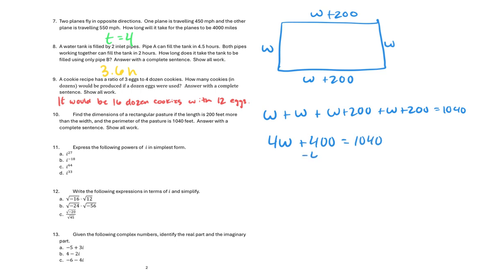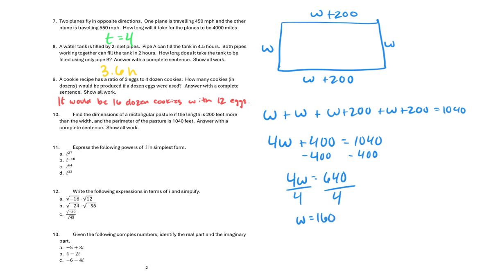If we solve for w, we get 1040 minus 400, which is 640. 4w is equal to 640. We divide by 4. We get w is equal to 160.